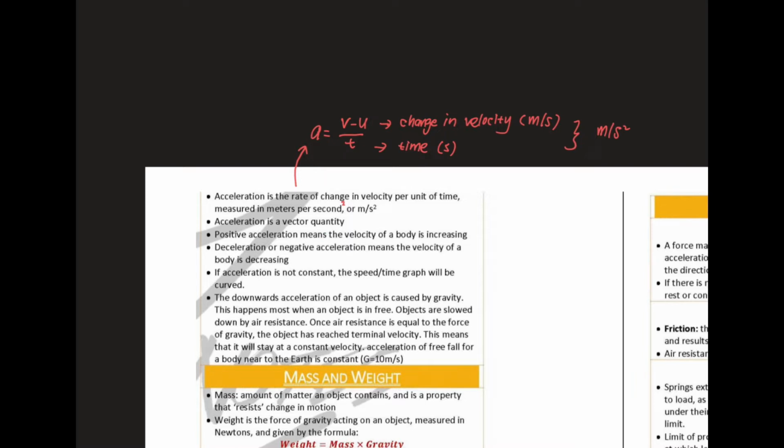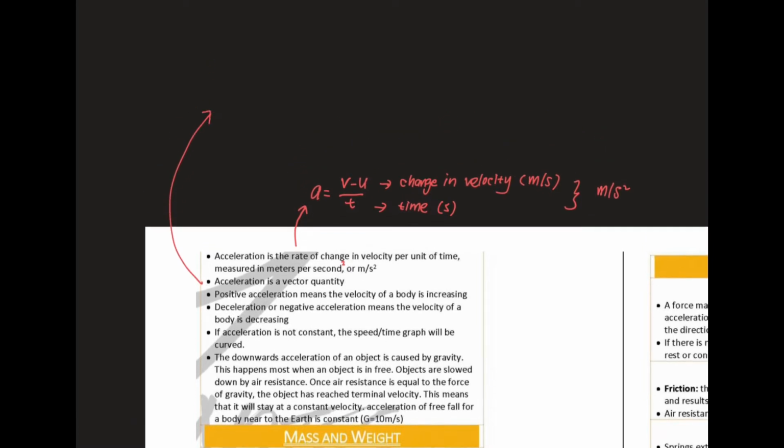Example: if you have a trolley or a car with U equal to 5 meter per second, moving forward, and then at the end it becomes, let's say, 8 meter per second, and let's say this happened in a time of 5 seconds.